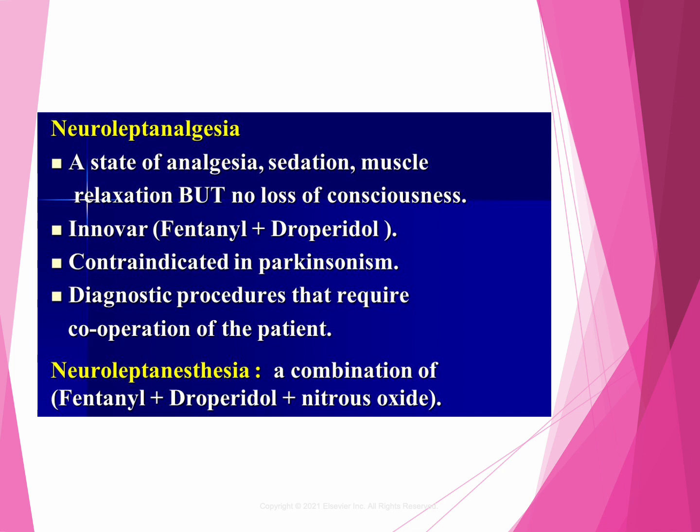So you might hear the term neuroleptanalgesia or neuroleptanesthesia. These terms refer to a state that produces sedation and analgesia. However, the patient does not lose consciousness and can still breathe on their own, as well as respond to commands. It may also be referred to as a dissociative anesthetic state.